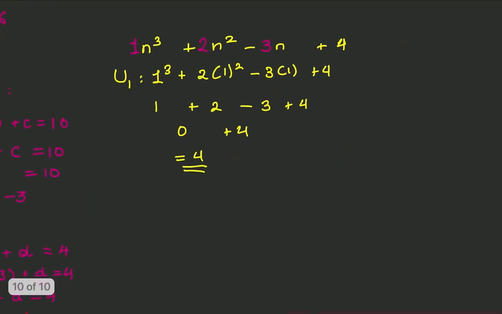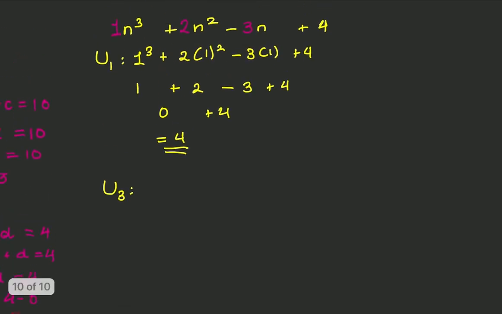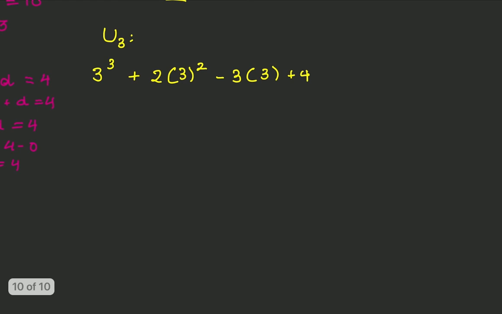Now let's recheck once again with a different term to prove that the formula is real. Let's use our third term as an instance. So 3 cubed plus 2 multiplied by 3 squared minus 3 into 3 plus 4. That's 3 cubed is 27, plus 2 into 9 is 18, minus 3 into 3 is 9, plus 4.